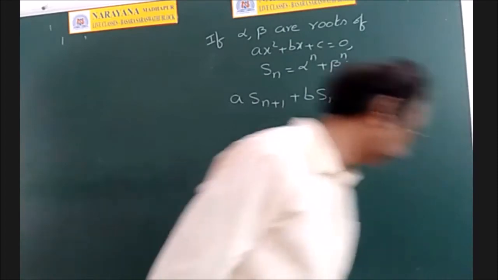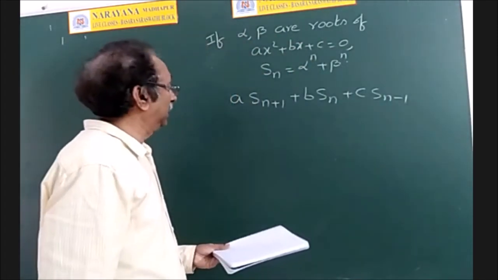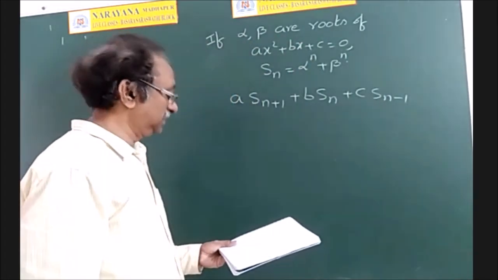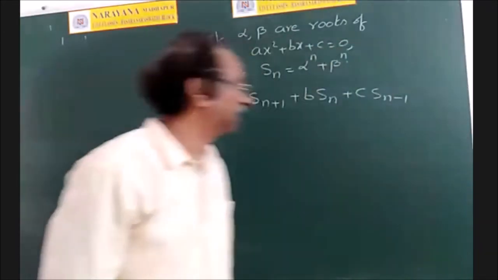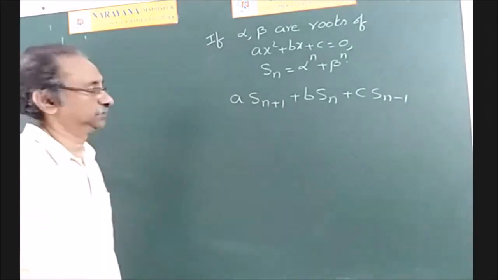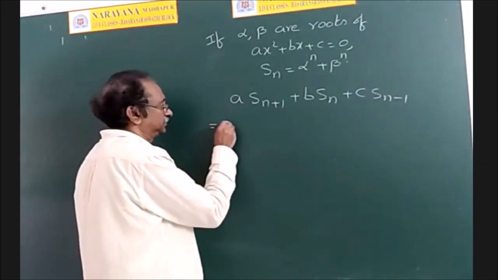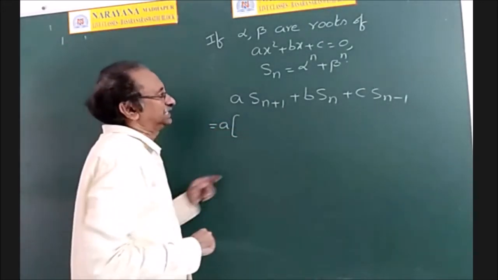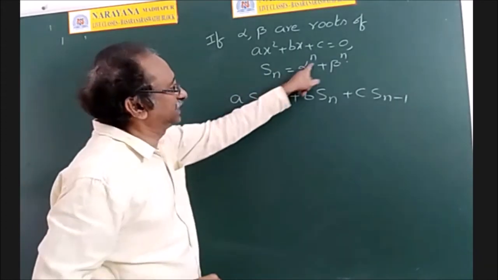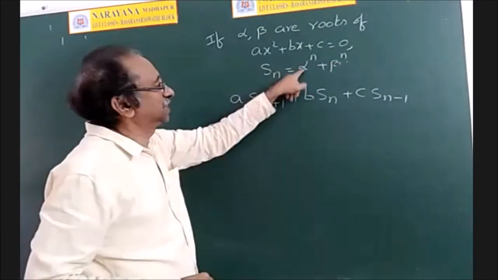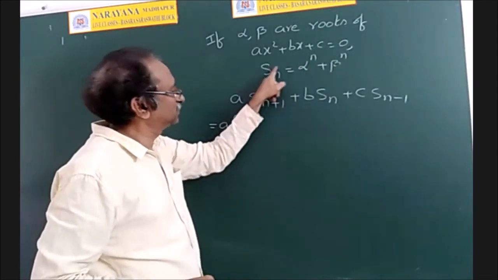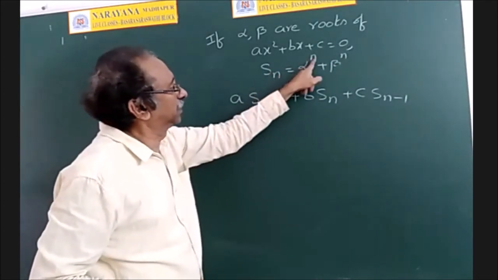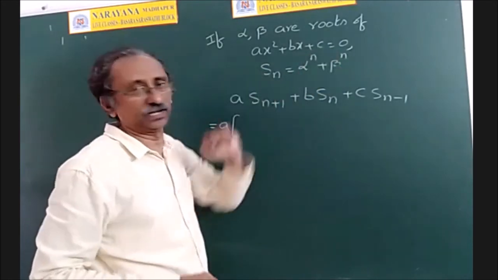Isn't it? So let me confirm. So a Sn plus 1 plus b Sn plus c into Sn minus 1. So what is the value of that? That is the question. So let us see. This is a into Sn plus 1. Suppose Sn is alpha power 10 plus beta power 10, then what is meant by Sn plus 1? If there is n plus 1 here, I have to write n plus 1 here and here also.